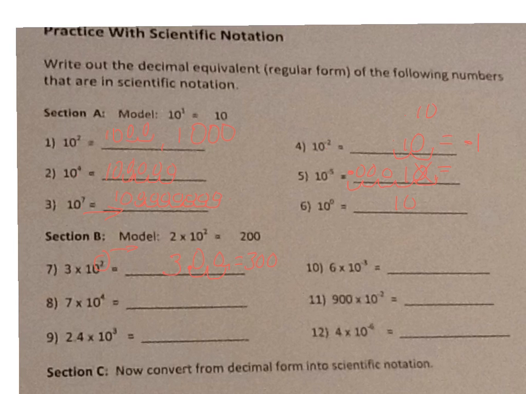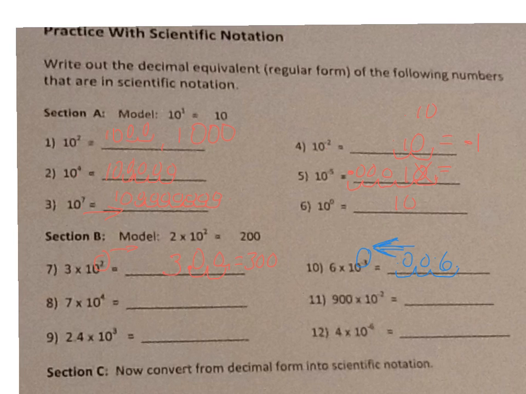For this one, I'm going to change color, just give us a little color difference. 6 times 10 to the negative 3. So that means it's going to go this way. So we're going to go 6 decimal, because that's where the decimal is, but we're going to move it this way 3 places. 1, 2, 3. So we'll put our dot there.